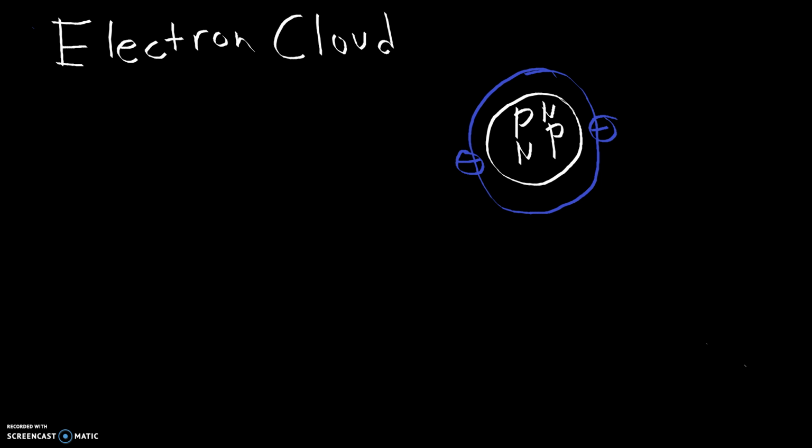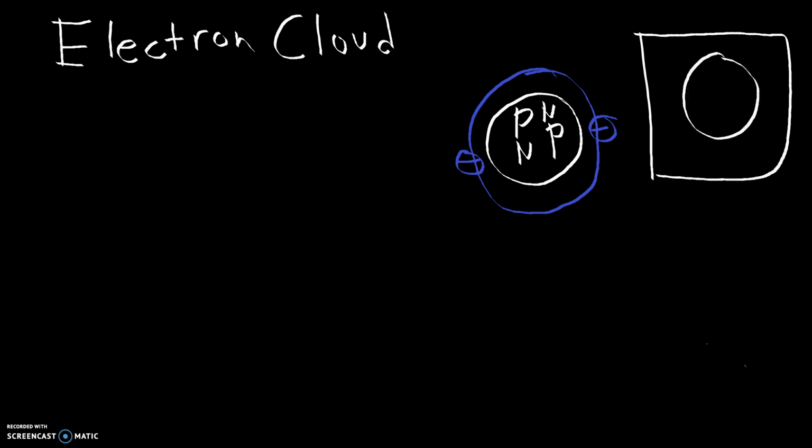We can use oxygen as an example. On the periodic table, you can see oxygen like this, the symbol O, and in the top left-hand corner there's an 8, which is the atomic number, and at the bottom there's the atomic mass.